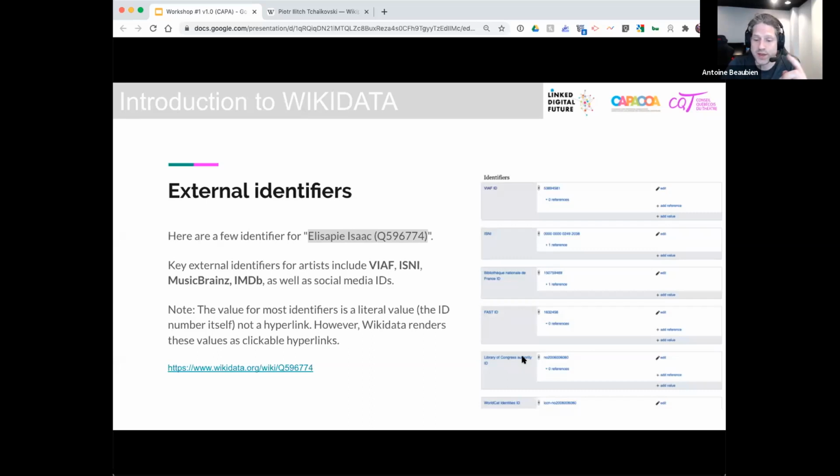There's also all the social media like Facebook, Twitter, LinkedIn, all those services. They always have an identifier. So in Wikidata, you have a property for each of them, like Facebook ID. Actually for Facebook, you have IDs for users, but you also have IDs for Facebook pages, which are different. So there can be more than one ID for an external system. So it's quite varied.